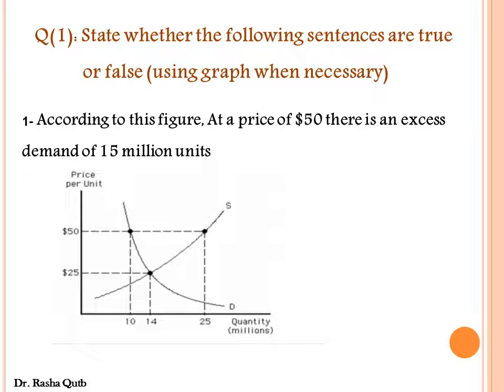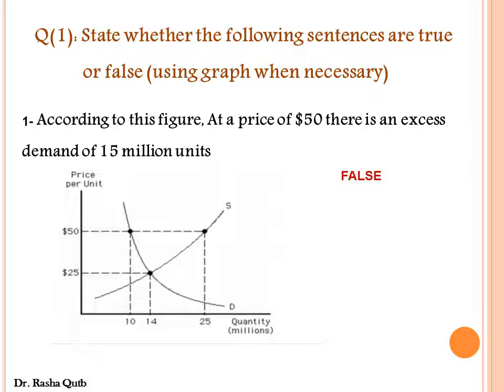1. According to this figure, at a price of 50, there is an excess demand of 15 million units. This sentence is false because at a price of 50, the quantity demanded would be 10 units, while the quantity supplied would be 25 units.